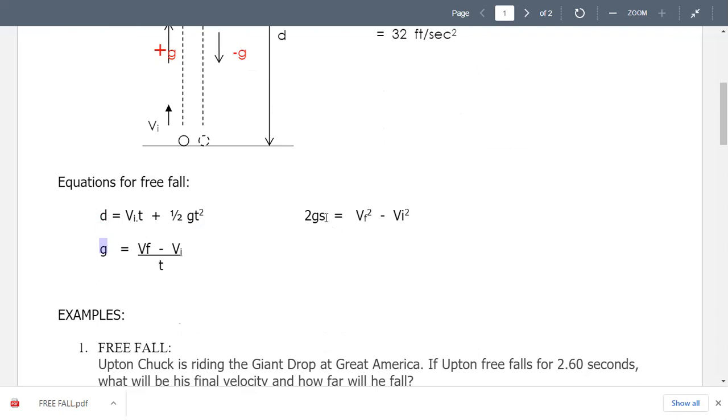Then we have your third equation: 2gs is equal to vf squared minus vi squared, or 2 times your gravitational acceleration times your s, that is the vertical distance the object has traveled, is equal to your final velocity squared minus initial velocity squared.